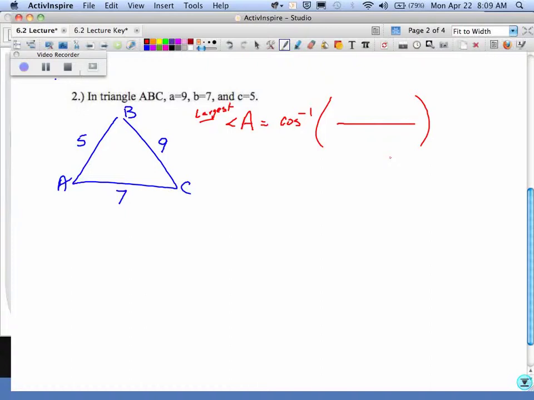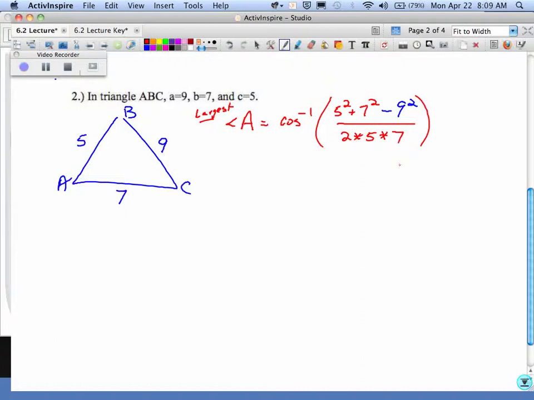So we can go 5 squared plus 7 squared, and then remember the partner side, 9 squared, gets subtracted at the end up top, and then 2 times 5 times 7. So we did go through that extra step of making sure that we got rid of some of the negative signs.